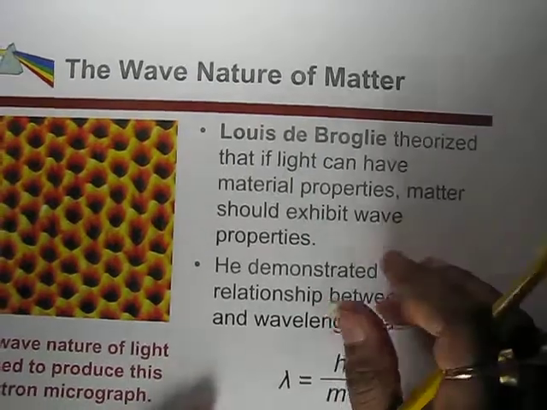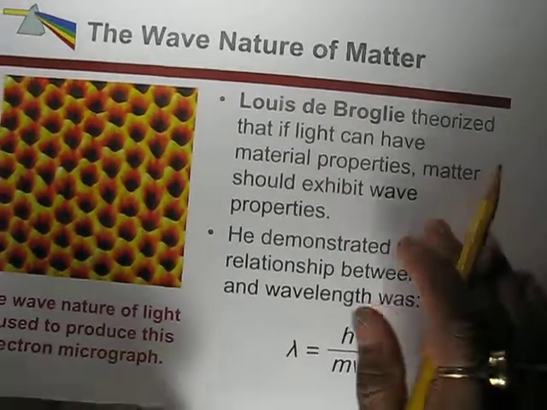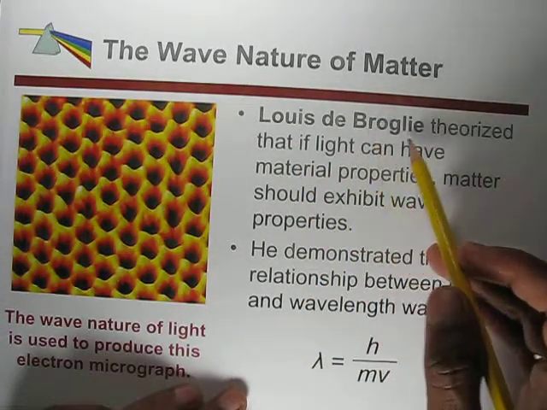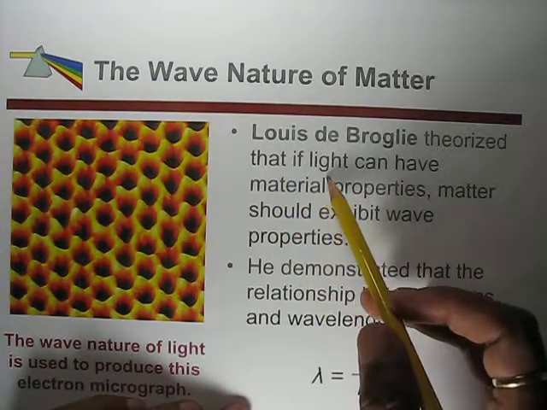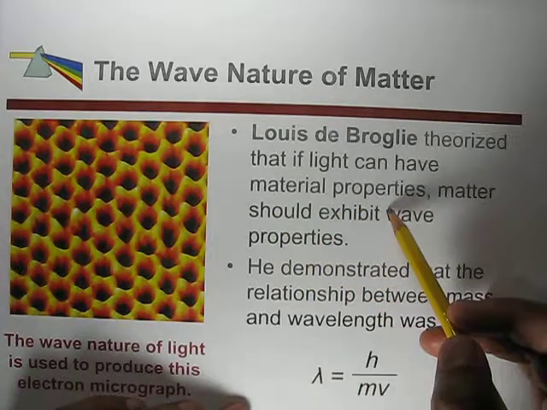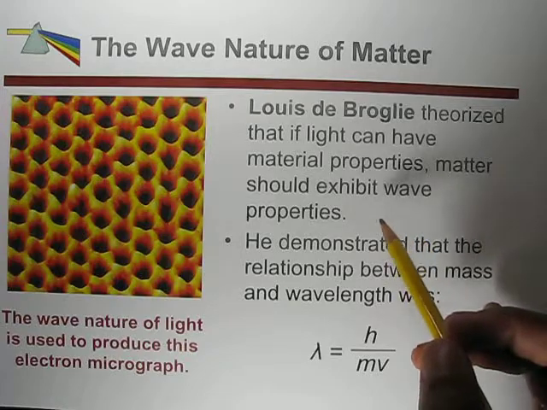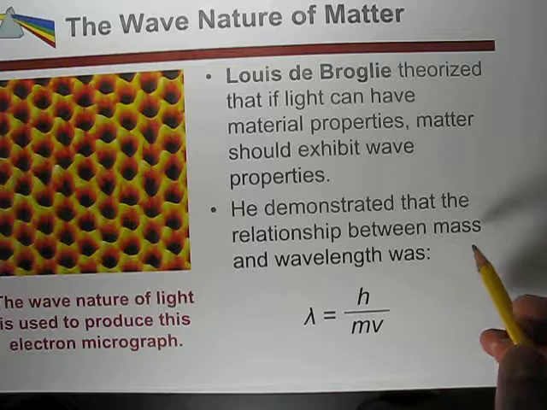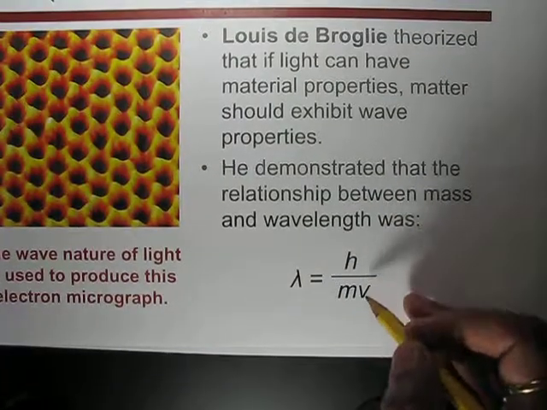And based on this, another scientist, Louis de Broglie, theorized that if light can have material properties, then matter would also exhibit wave properties, and he demonstrated that the relationship between the mass and the wavelength is lambda equal to h upon mv.